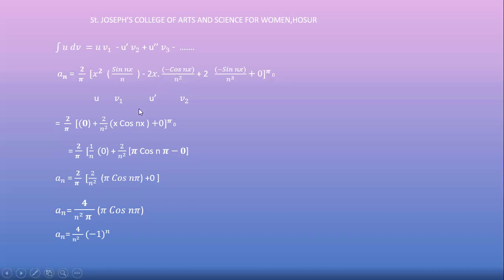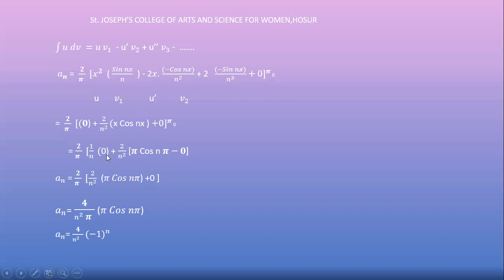So plus 2 by n square is constant. Inside, x cos nx is what we are going to substitute with pi and 0. This term is not having any extra constant, so I am taking it outside the bracket. The remaining term is x cos nx. We are substituting the values in place of x. So write this 2 by pi as it is.